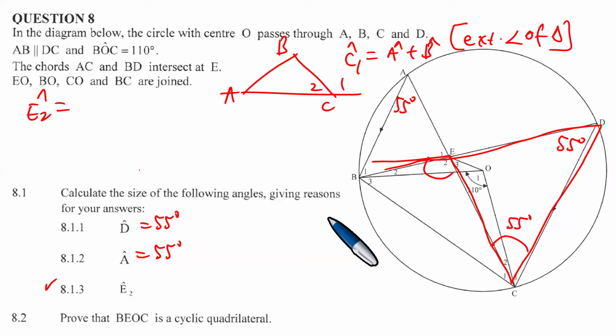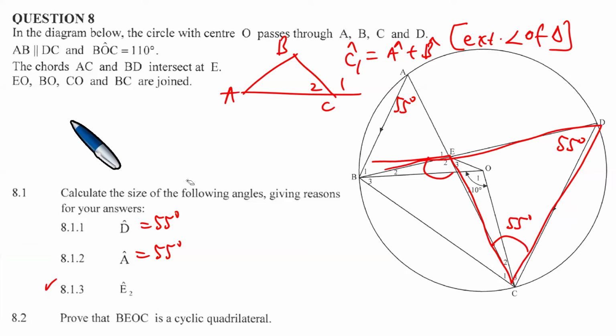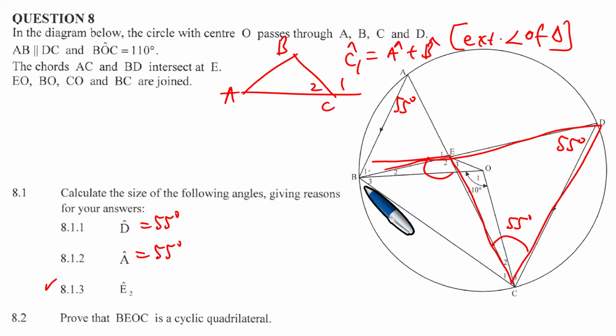One way to look at that is to use alternate angles here, because you have been given that AB is parallel to DC. We can give the justification that AB is parallel to DC, as the examiner stated up there.